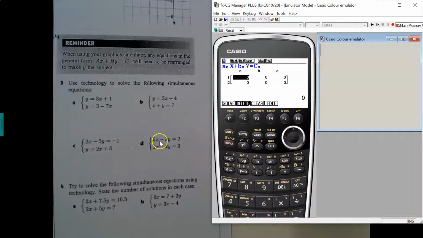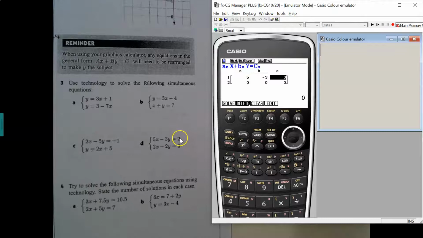So the A value is the value that's in front of the x. So what value is in front of x here? 5. So we can put a 5 in there and then click execute. Then what value is in front of my y? Not 3, negative 3. So you put in minus 3.